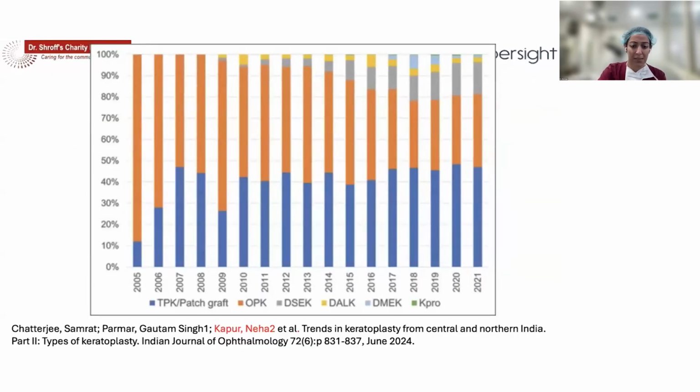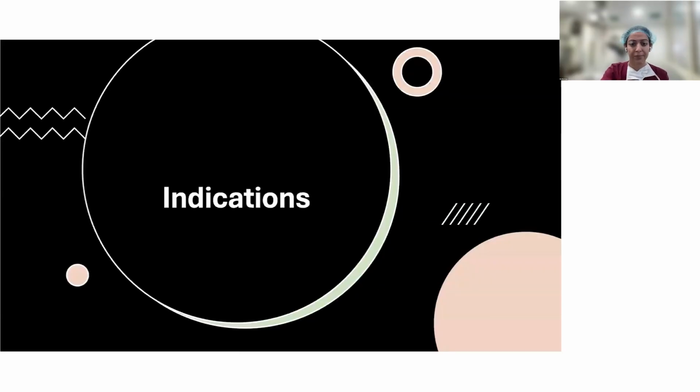This is our work that we recently published, where the gray bars represent endothelial keratoplasty, showing that our numbers of EK are also increasing over time, but penetrating keratoplasty still dominates because the common indications in our scenario are usually corneal scars or corneal ulcers.